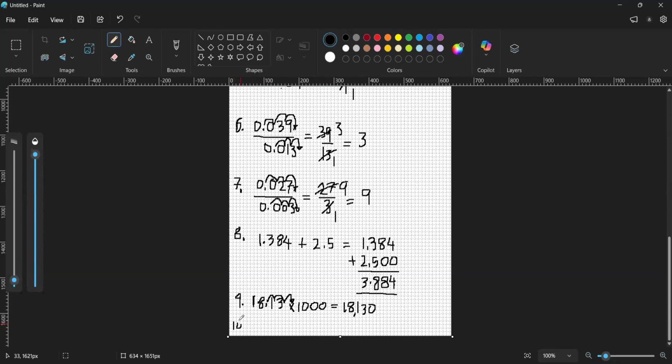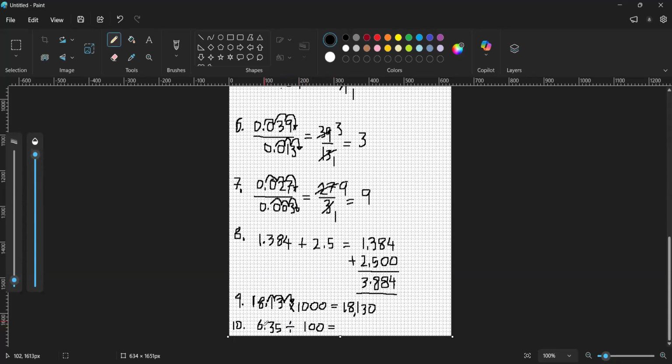Say you had 6.35 divided by 100. In this case, I have two zeros, and my zeros tell me how many times I'm going to do the decimal jumps.